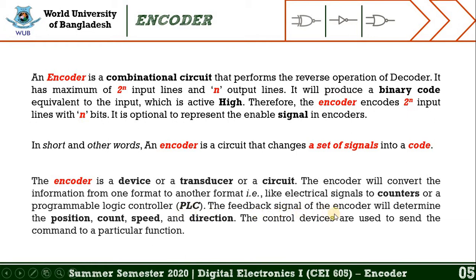The feedback signal of the encoder will determine the position, count, speed, and direction. The control devices are used to send the command to a particular function.